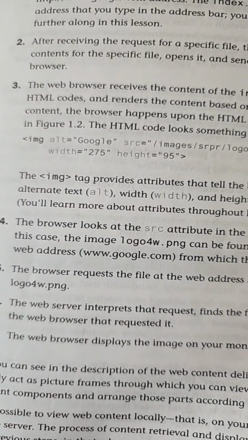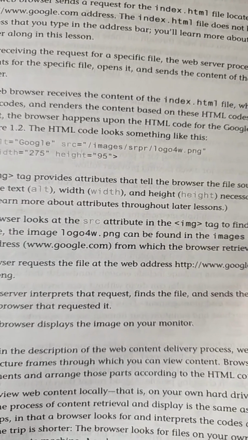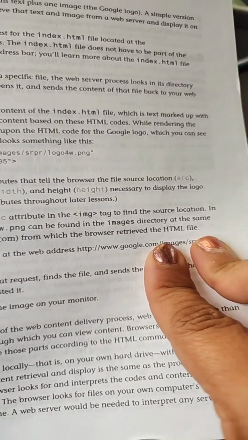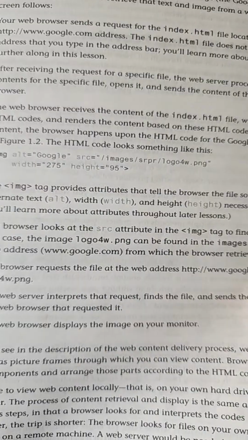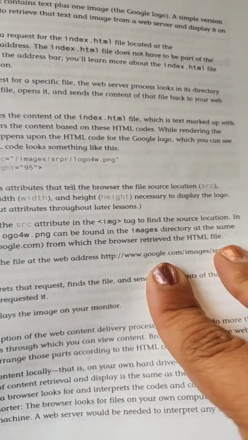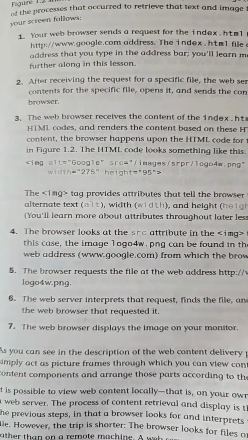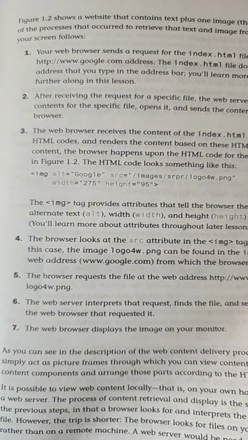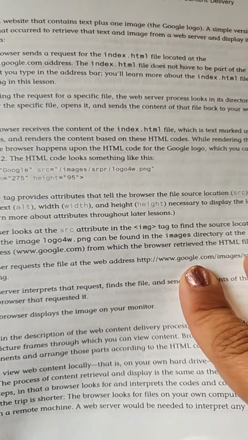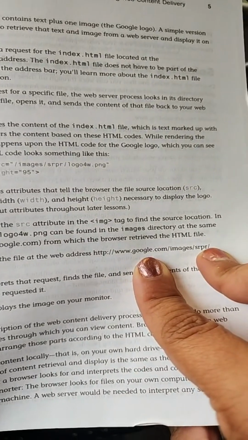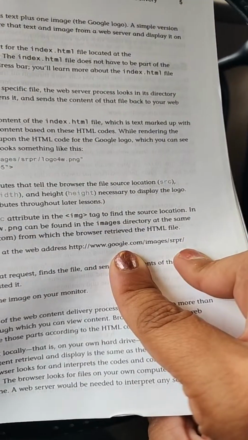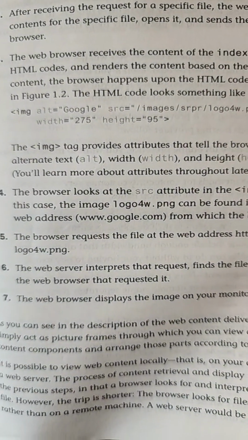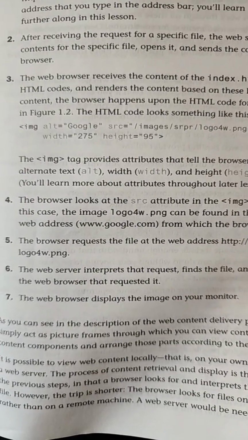In this case, the image logo for w.png can be found in the images directory of the same web address, www.google.com, from which the browser retrieved the HTML file. 5. The browser requests a file at the web address http://www.google.com/images/srpr/logo for w.png.